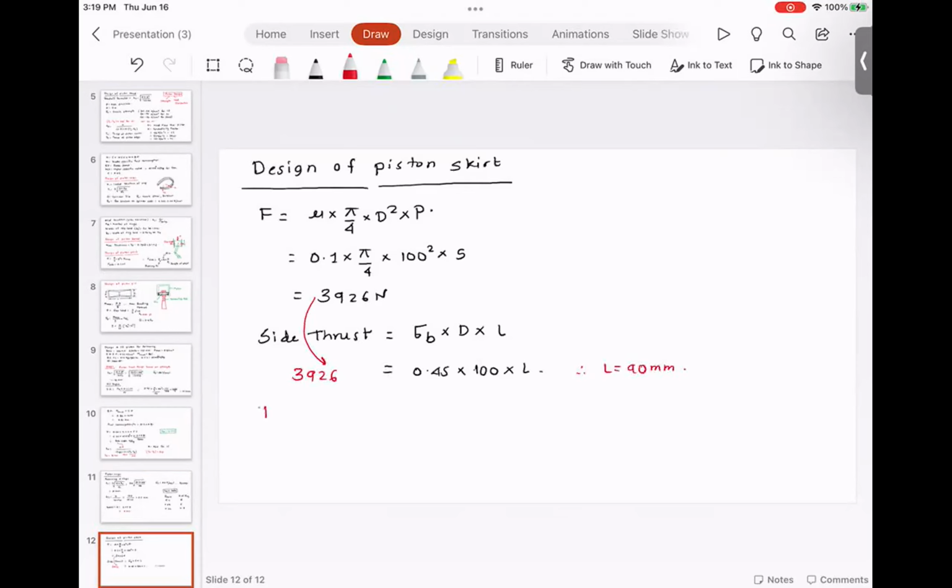The total length L is equal to 90 plus 4 times 4 plus 3 times 3. This is for the rings, which comes about 130 millimeter. And it might be a good idea to draw a neat sketch of the piston.